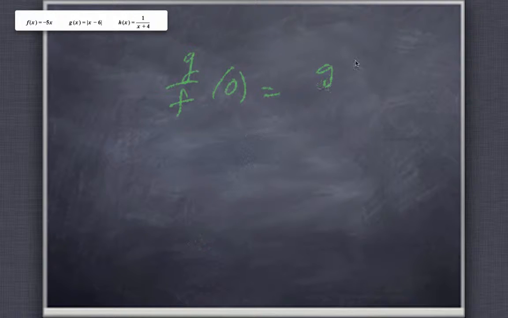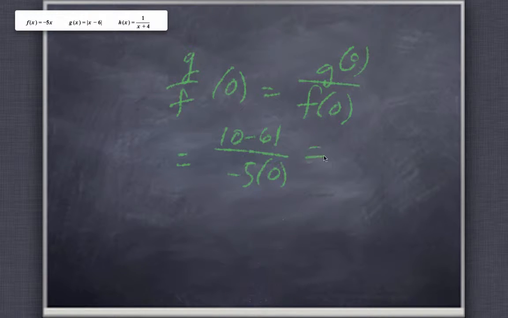So that's g of 0 over f of 0. g of 0 is the absolute value of 0 minus 6. f of 0 is negative 5 times 0. So 6 over 0 is undefined.